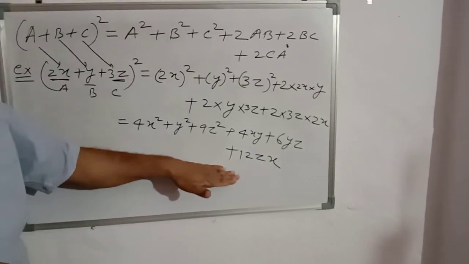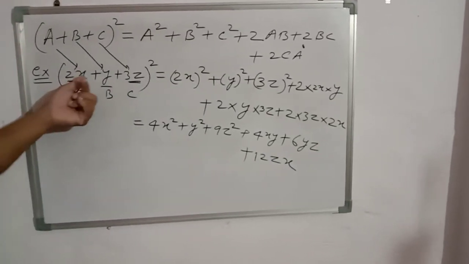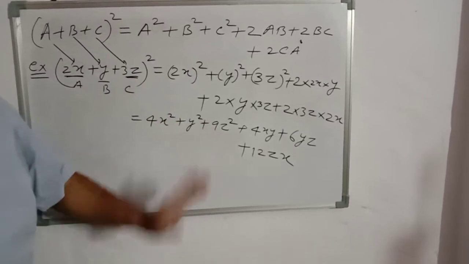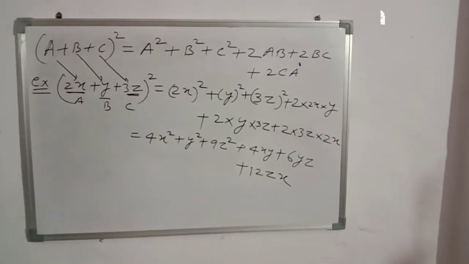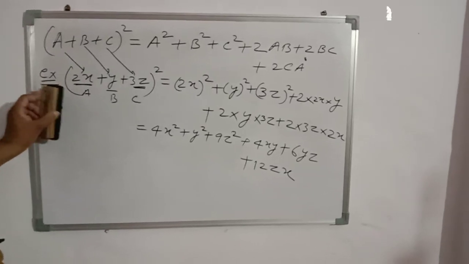So this is the final expansion of (2x + y + 3z) whole square. Let us see one more example.